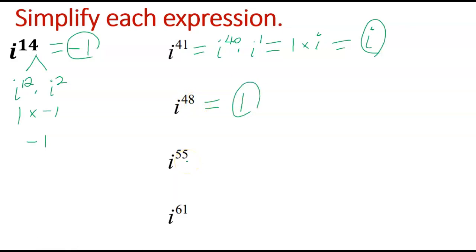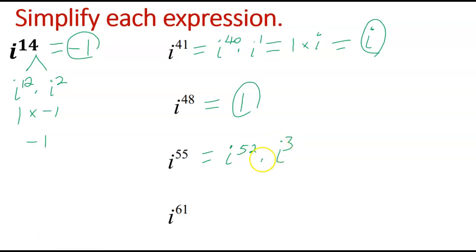55 divided by 4, we get 13. So 13 times 4 is 52. So 52 is the multiple of 4. So this is going to be i to the power 52, and what is remaining? Of 55, it's going to be 3.